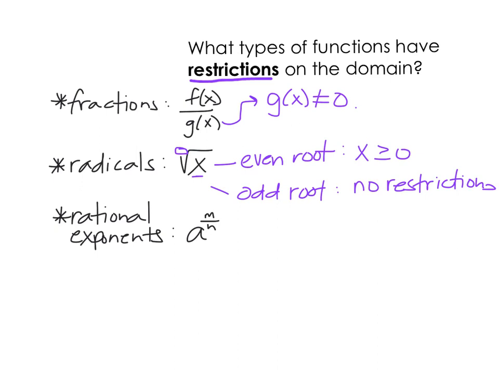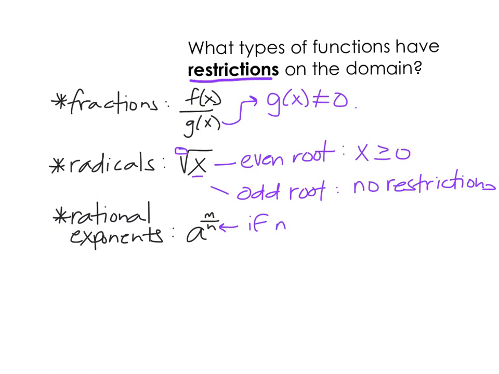The last type of function that we'll talk about that could tentatively have a restriction in the domain is if you have a rational exponent. Remember, a rational exponent is just a different interpretation of a radical up above. We define rational exponents as a base of a to the m divided by n power. And n is like the index, so the same rule will apply here as it did for radicals.